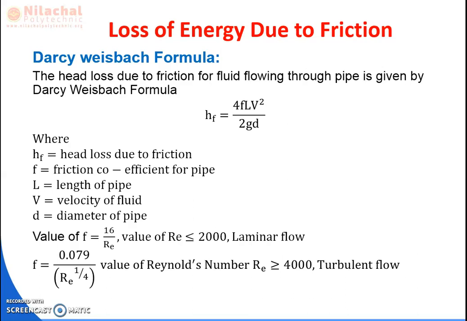The loss of head, or the loss of energy of water per unit weight of fluid flowing through a pipe, is given by hf, and hf is equal to 4 f L V square divided by 2 g D, where f is known as the friction coefficient, L is the length of the pipe, V is the average or mean velocity of water in the pipe, and D is the diameter of the pipe.